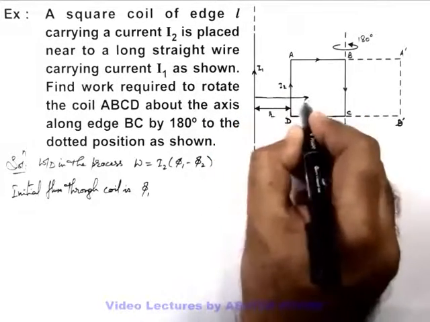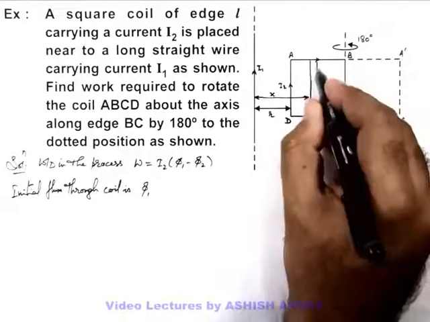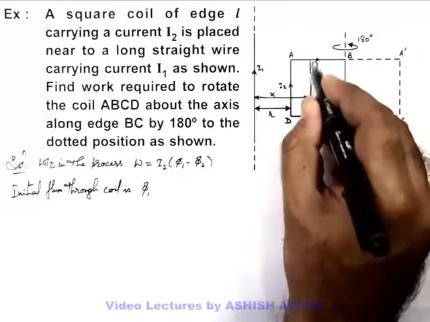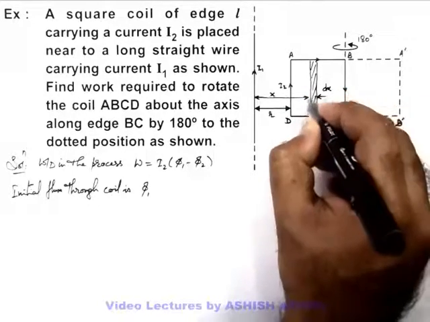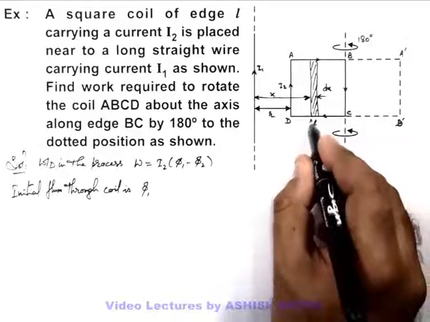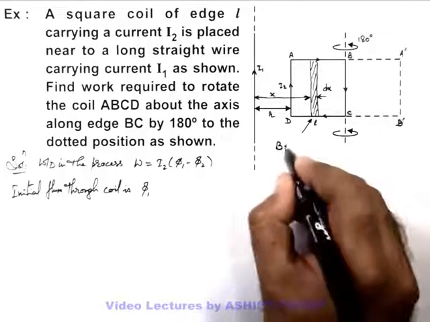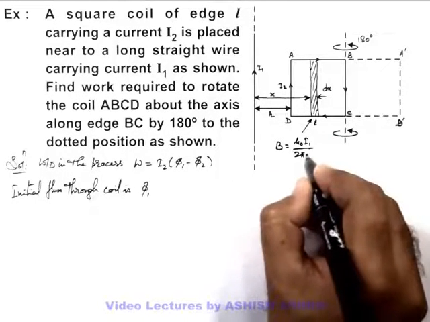So at a distance x from the wire, we consider an element of width dx. Then the magnetic field at the location of this element is B = mu naught I1 by 2 pi x.